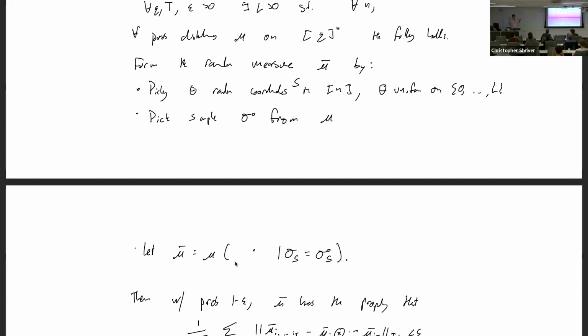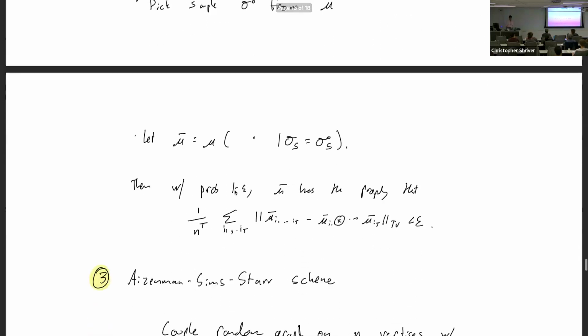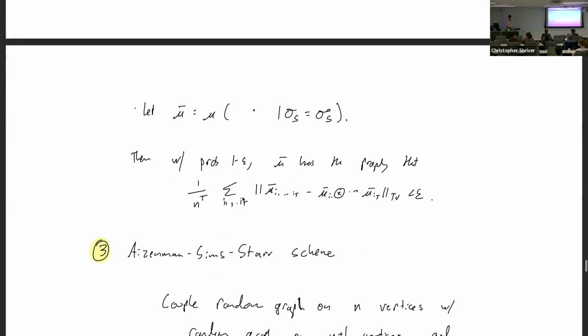And remember, n can be anything. So think of n as being millions and billions, and I'm pinning 100 coordinates. And then with probability 1 minus epsilon, so a 99% chance, mu hat has the following property. If I average over all t-tuples of coordinates, the total variation distance between the joint distribution on these t coordinates and the product distribution with the right marginals is small.